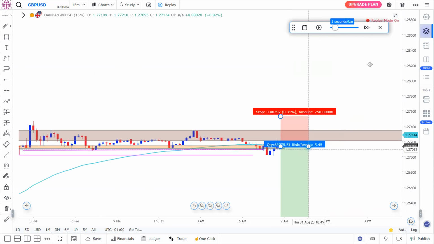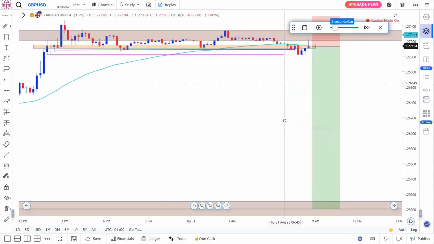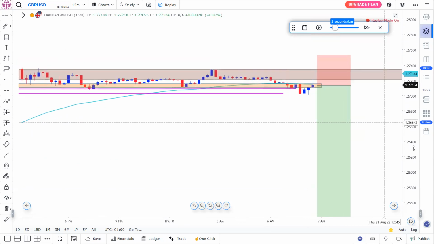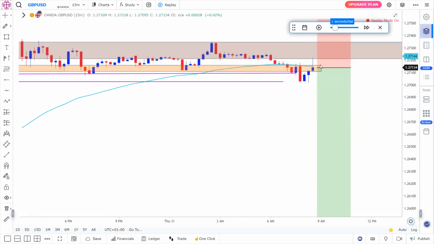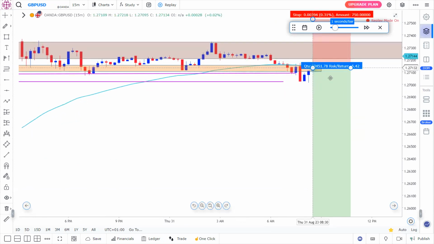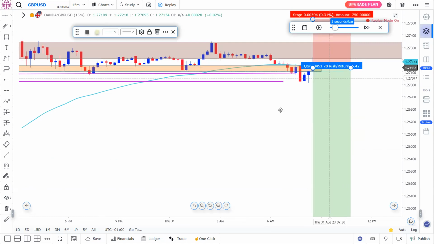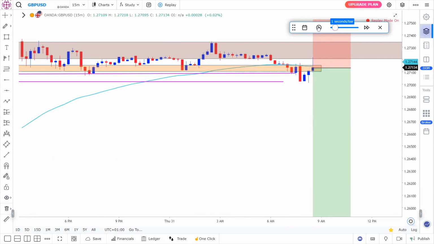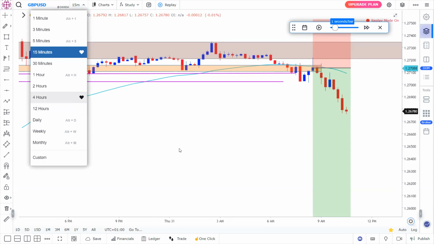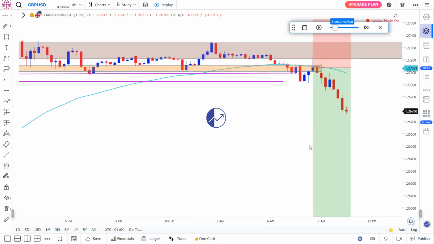And as soon as I entered for sell, this is where I'd patiently wait for the market to play out. Just so this will play faster. Let's take this to the 4-hourly time frame.